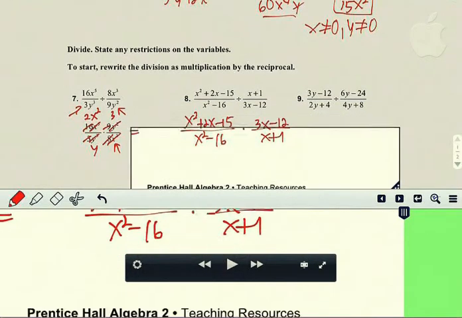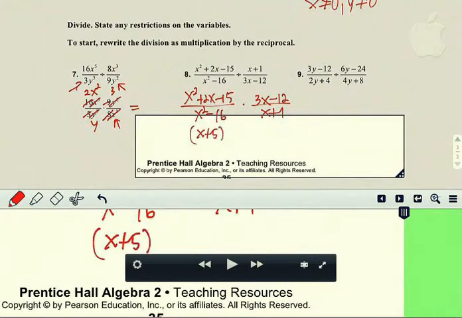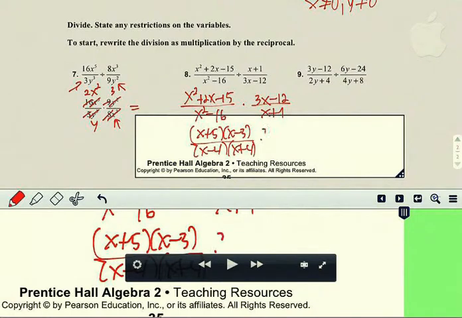Now we factor. The top of the first would be x plus 5, x minus 3. And the bottom, x minus 4 times x plus 4. The top of the second would be 3 times x minus 4. The bottom, x plus 1.